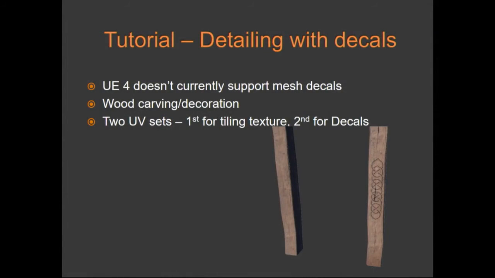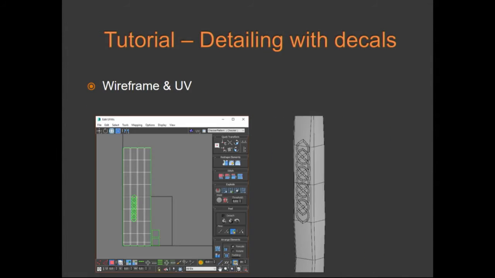And I created this wood carving thing on one of the pillars I created. So here you can see the wireframe for the model as well as the UV1, which is the tiling material for my models. So all I did was create a spline in a shape I wanted and made a mesh of that.